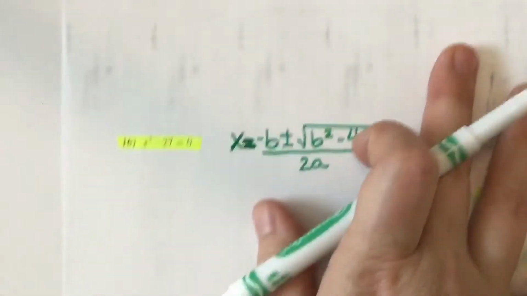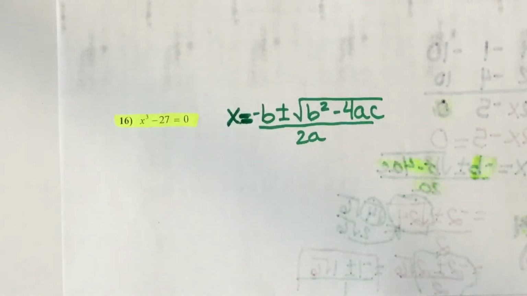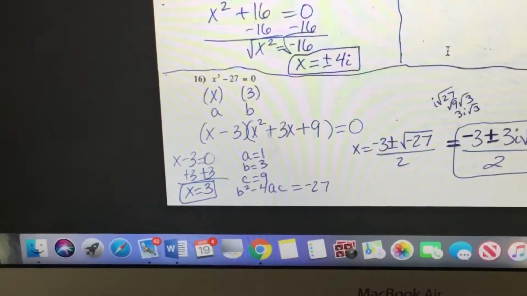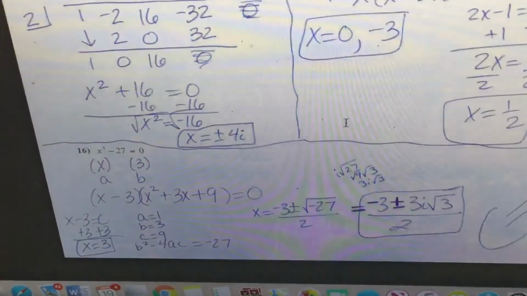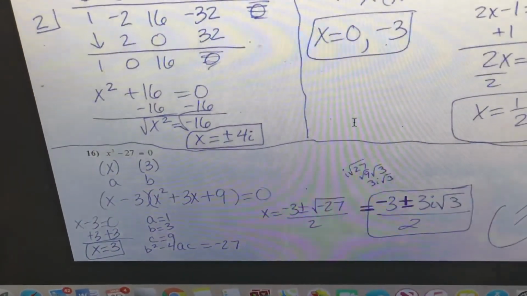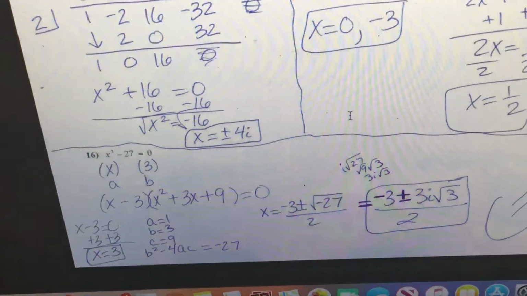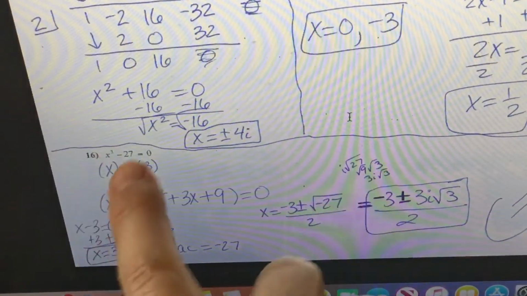Okay, and then number 16, you ended up having to do with the quadratic formula. So I'm going to show you that one so you can see how you did. All right, see if I can get all of this in here. Okay, so ignore this up here.